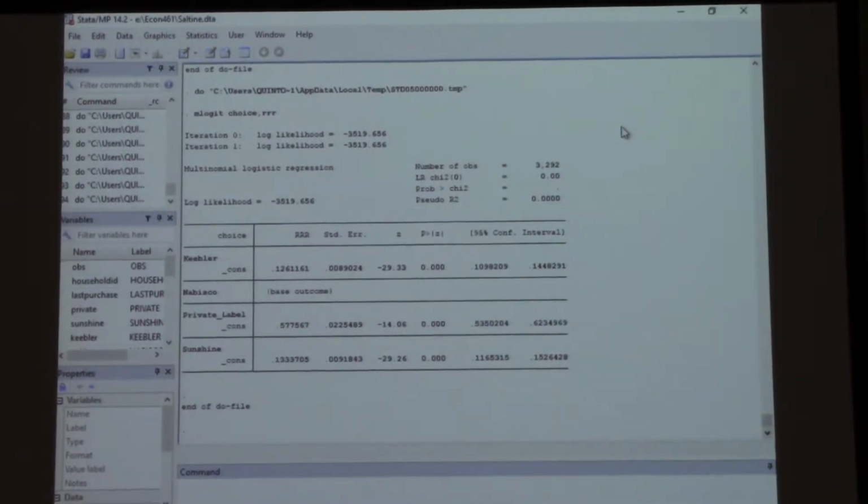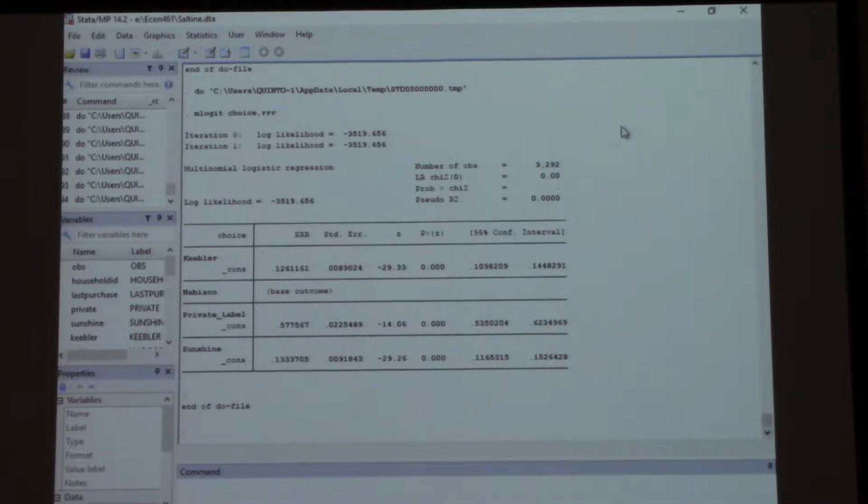You're 1 times more likely or 2 times more likely, but here you're less likely to pick Keebler than Nabisco. You're 0.12 times less likely to pick Keebler than Nabisco. Again, it's always relative to the base. You're 0.57 times less likely to pick private label than Nabisco, and similarly with Sunshine.